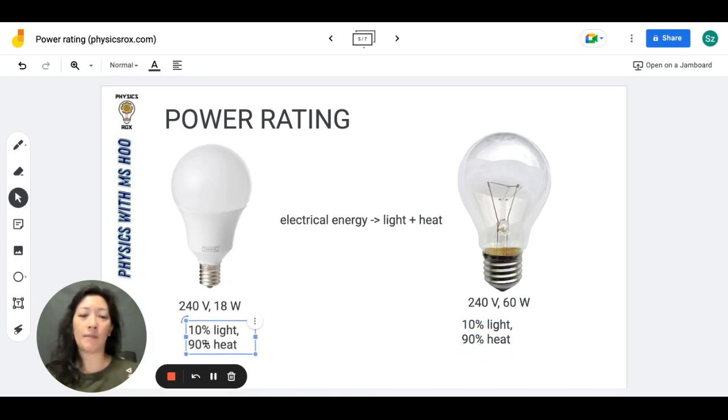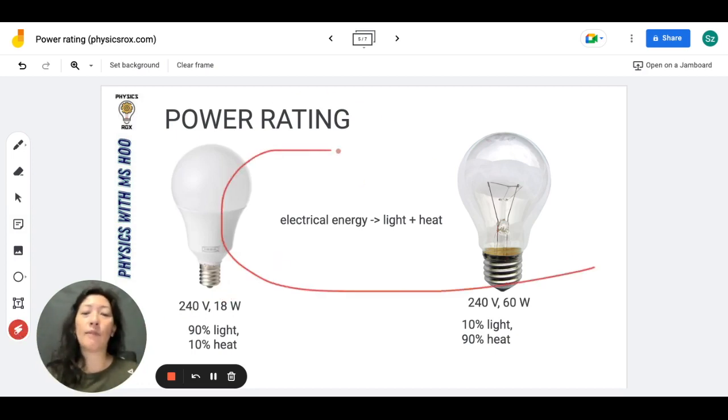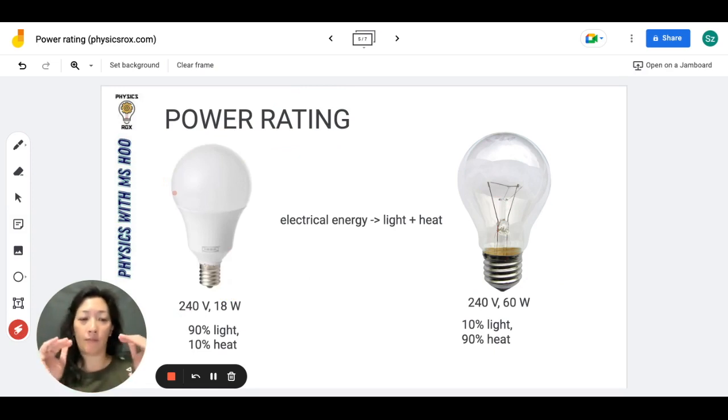Whereas this bulb could be producing 90% light and only 10% heat. So therein lies the comparison over here. That's why these two bulbs can produce the same level of brightness. It depends on how much energy was converted to heat.